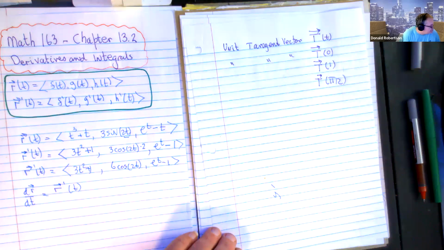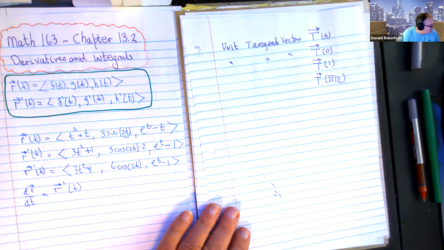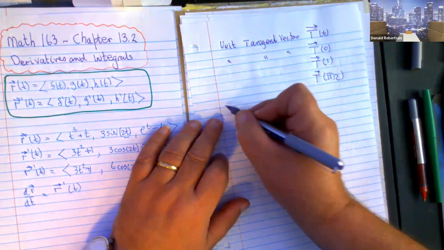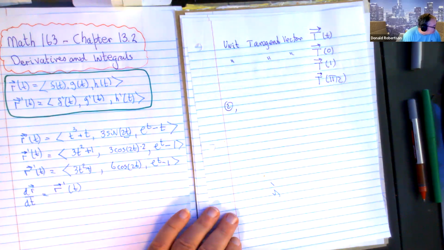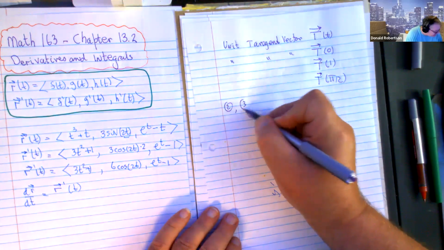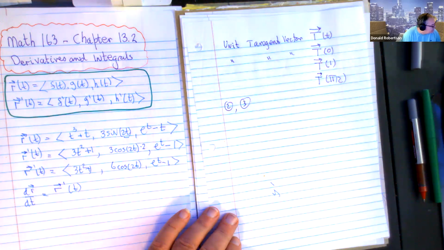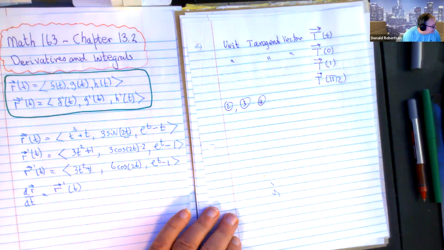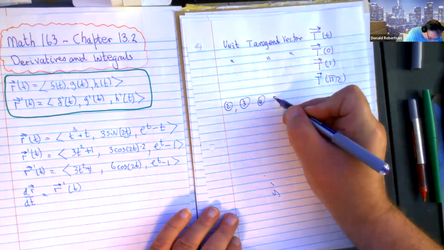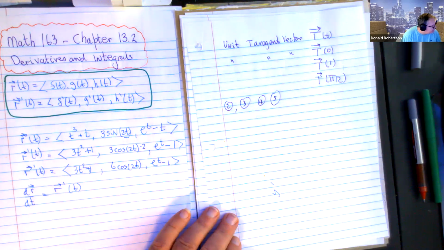So the kinds of questions that ask you to do a unit tangent are questions 2, 3, 4. So it's happening a lot. 5. There might be one more, just let me see if there is.